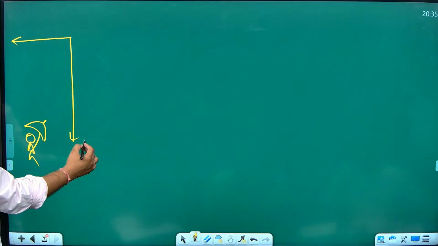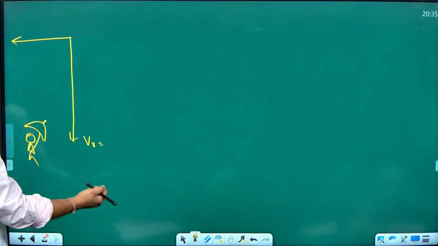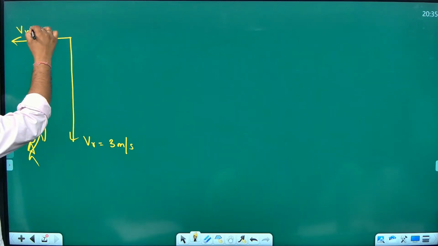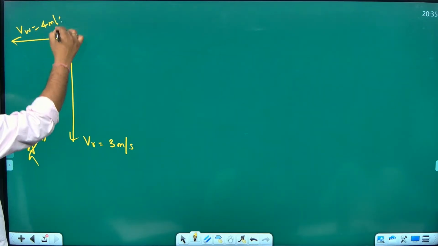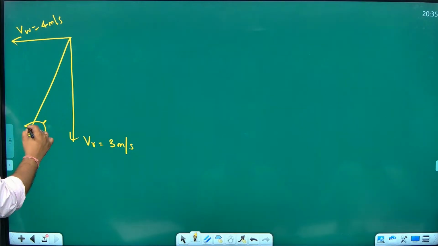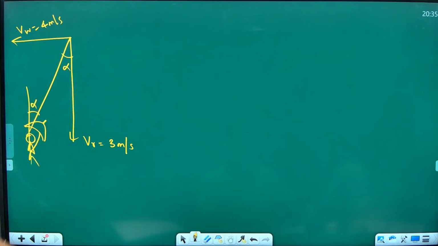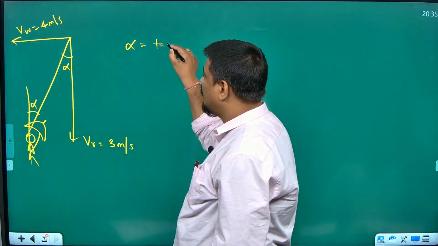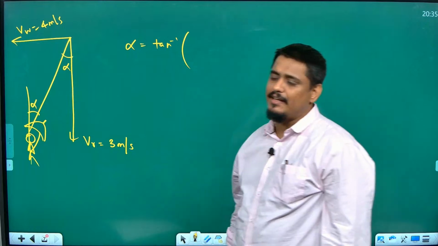How much have they given the rain velocity? 3. What is the wind velocity? 4. So if this is the resultant and I want to find this angle alpha, then what will be alpha? Tan inverse of, what will be A, what will be B here?